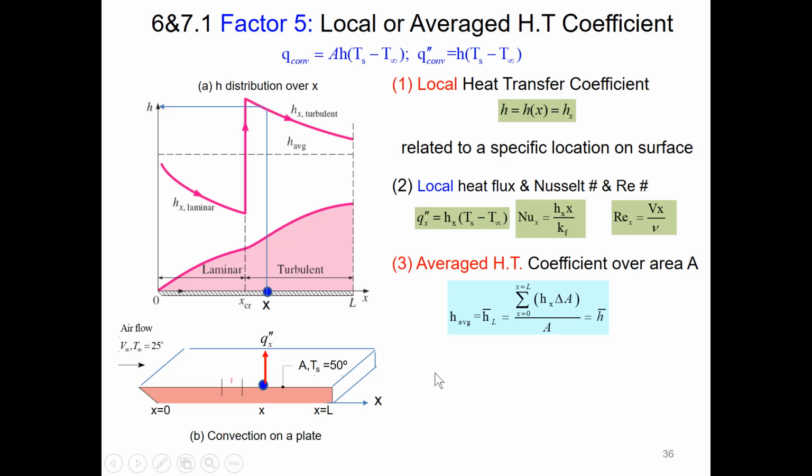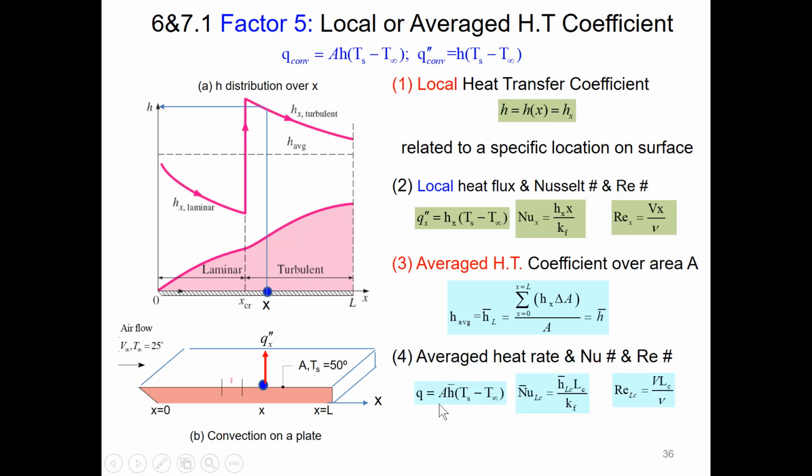So now we have the averaged heat rate equation, averaged Nusselt number, and averaged Reynolds number, due to being in use of average heat transfer coefficient for the whole length of the solid body.